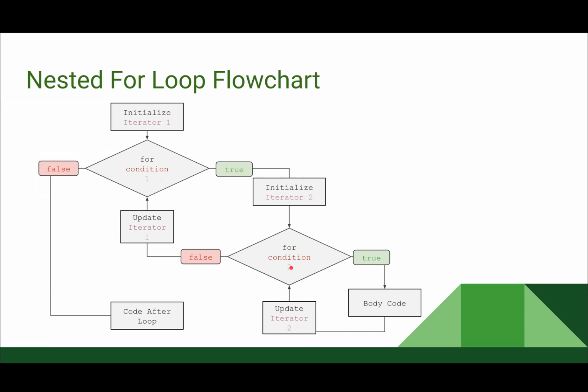As soon as that second condition becomes false, we will update our first iterator, check that first condition, and repeat the inside loop. And then we'll do the outside loop and continuously do the inside loop until our outside condition becomes false, at which point we will exit all of our loops.